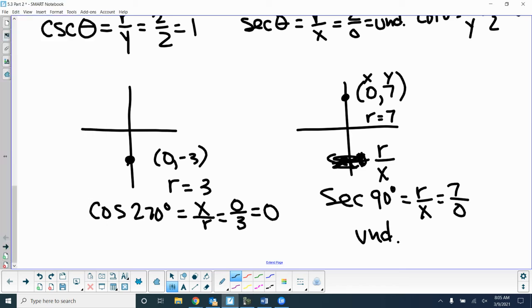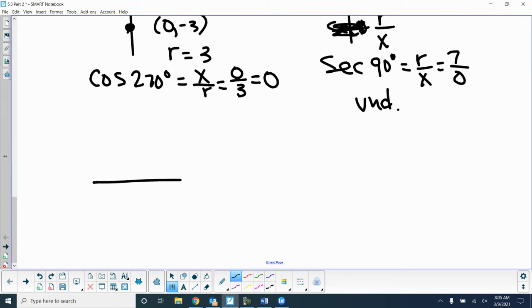Right? Pi, remember, is where? What did I tell you where pi was? If you don't remember, how do I change it? Multiply by what? Right, 180 over pi. What happens to the pi's?